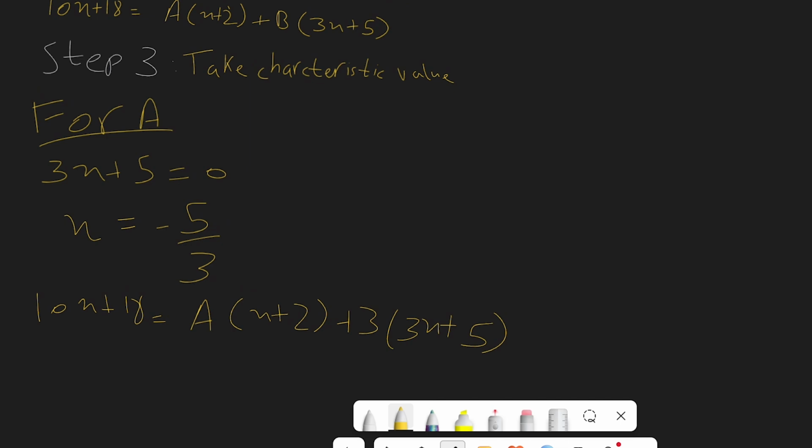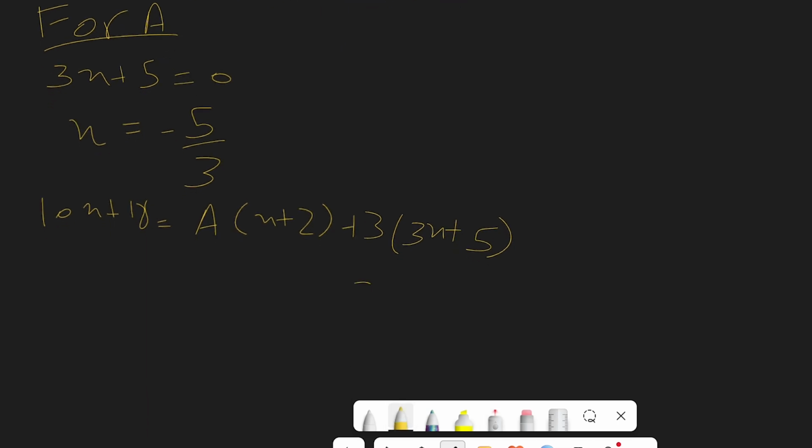As we have put 3x plus 5 equal to 0, and 3x plus 5 is over here as well, we can just replace that with 0. We don't have to put the characteristic value, because if we put minus 5 over 3 in place of x, then also we will get 0. So let's just directly put 0.